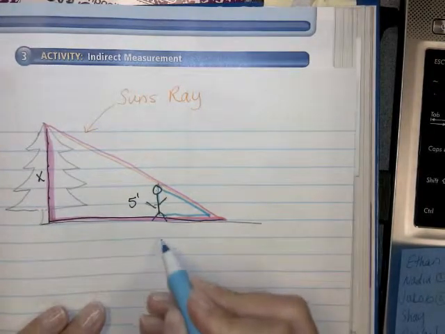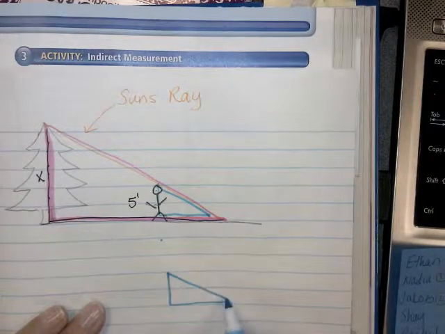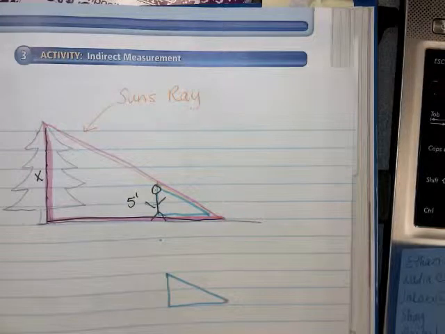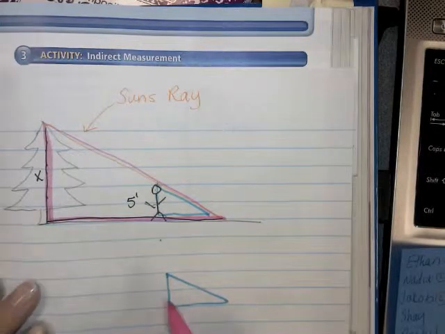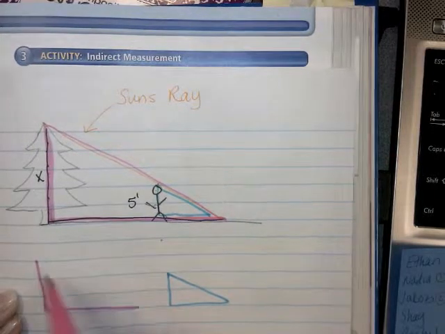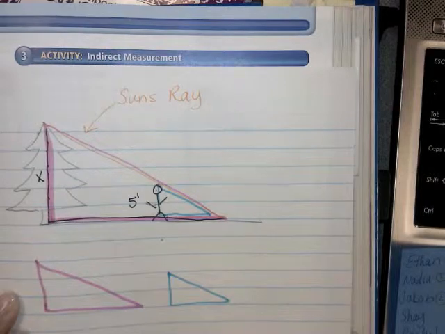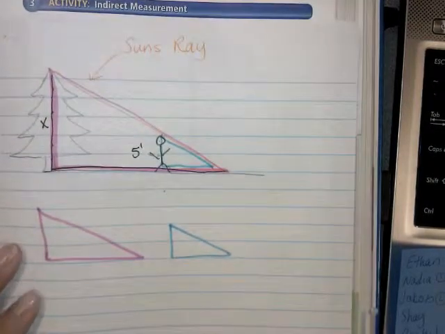Now, if I were to draw these a little bit smaller down here, the person's looks a little bit like this, and the tree looks something like this.